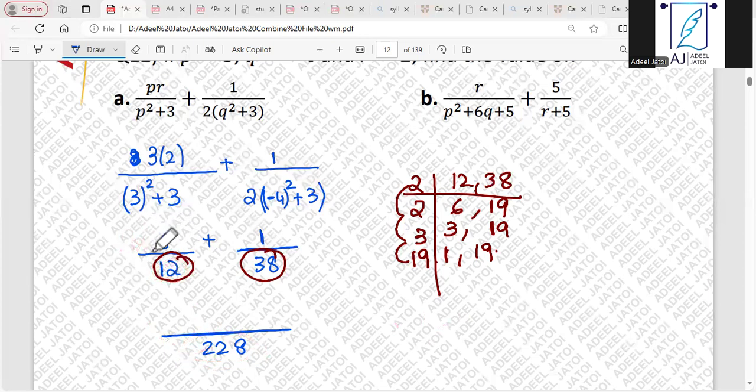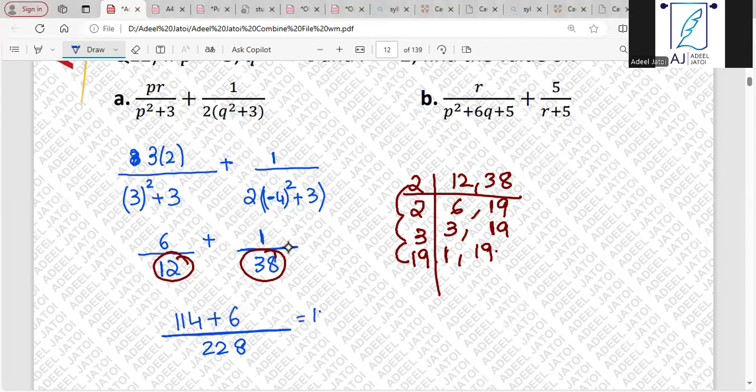So when 19 multiplied by 6, we end up having 114 plus 228 divided by 38 again. So the answer is 6. So the answer here will be 6.